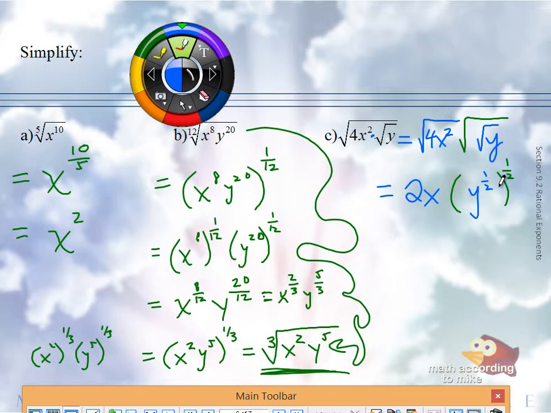Well, notice we have a power to a power. What do you do with those powers? Multiply them. What is 1/2 times a half? 1/4. A 1/4 power is what type of radical? A 4th root.